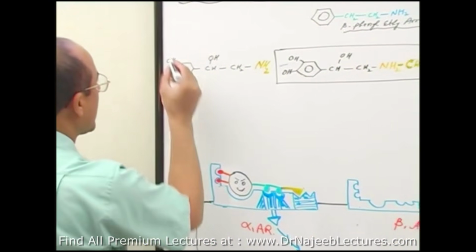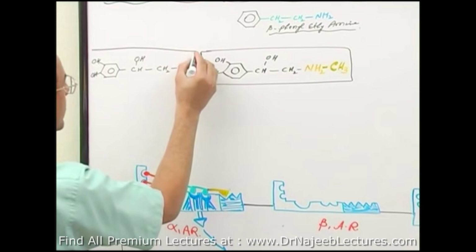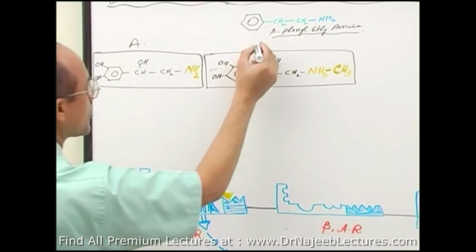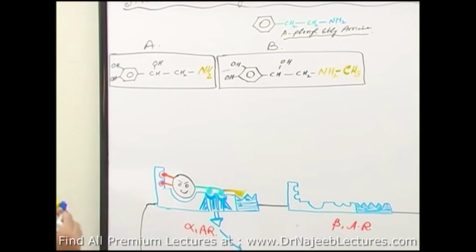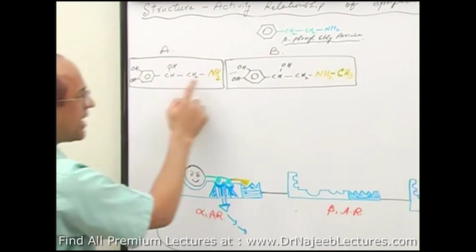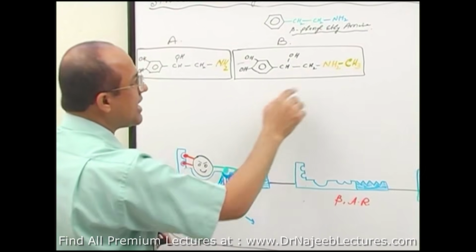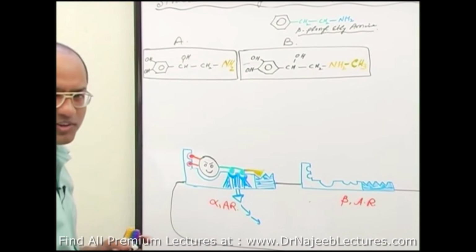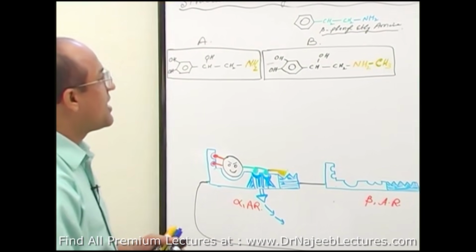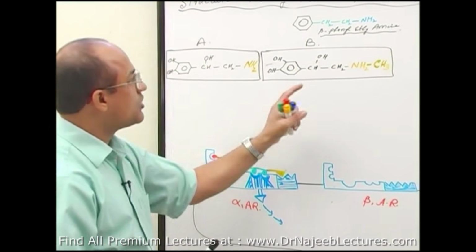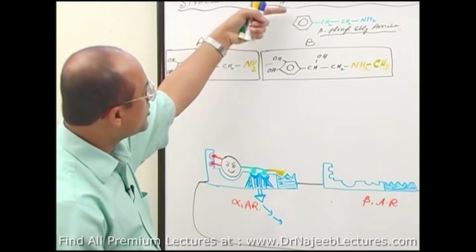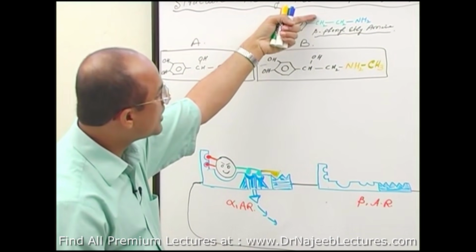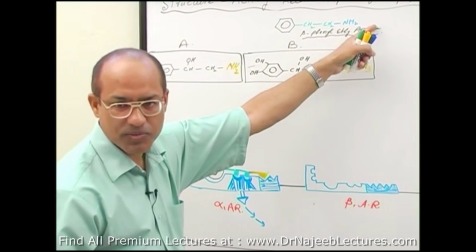This is compound A and this is compound B. The difference between compound A and compound B is that one has methylation on the amino end and the other does not. This compound is produced by converting this into a catecholamine, hydroxylation here and adding a methyl group here.